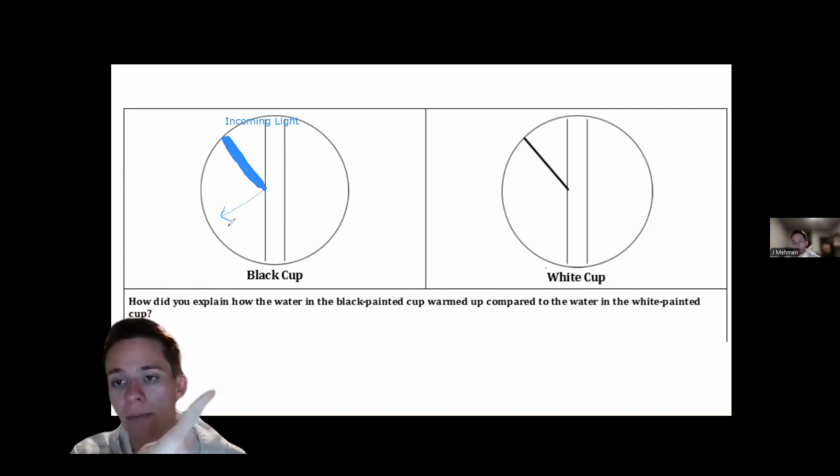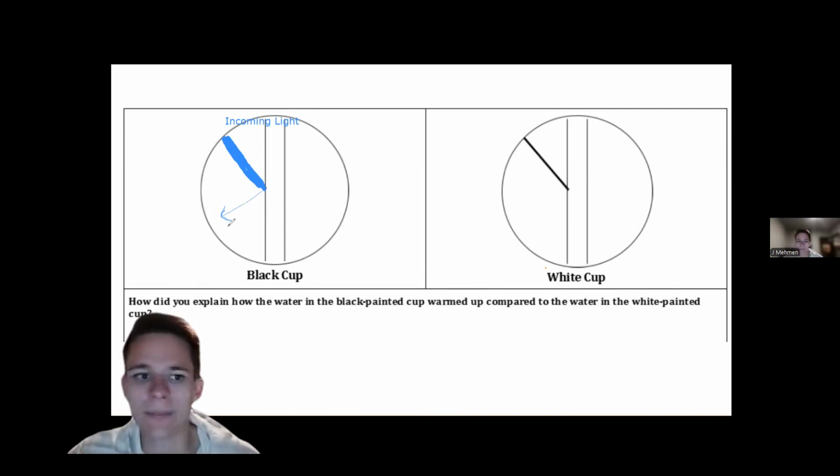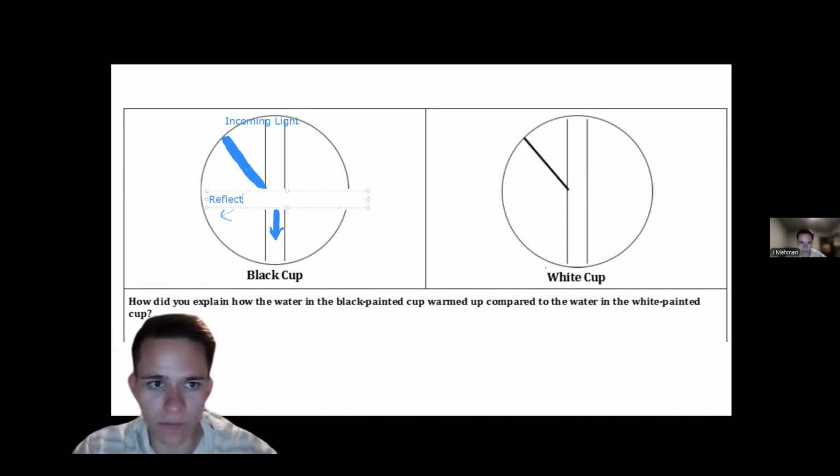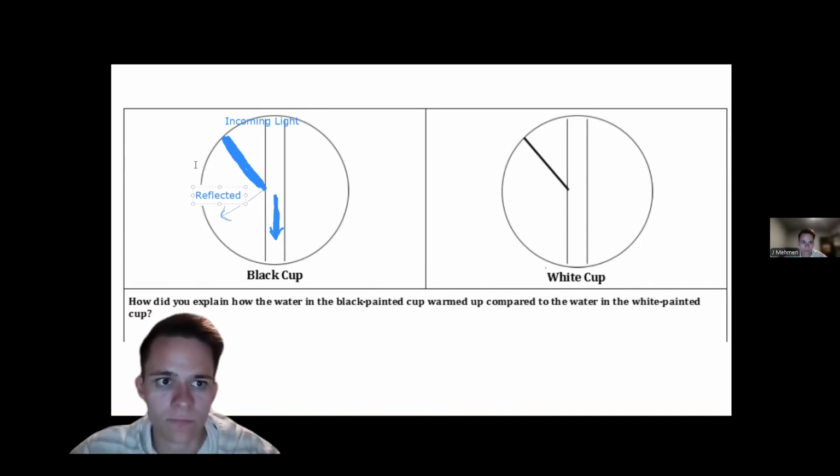Number one, it could be transmitted. Number two, it can be reflected. And number three, it can be absorbed. So most of this light is being absorbed within the walls of the cup. So here we have a little bit of light that's being reflected. And here we have most of our light being absorbed.